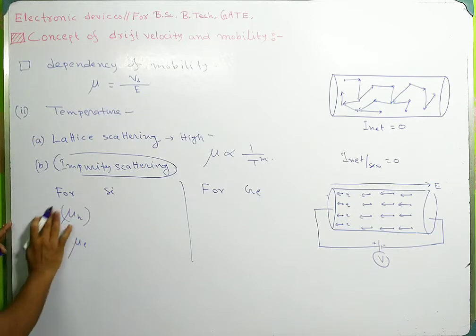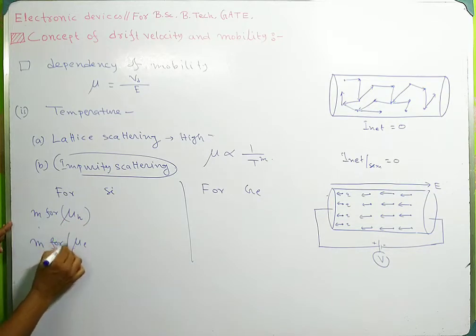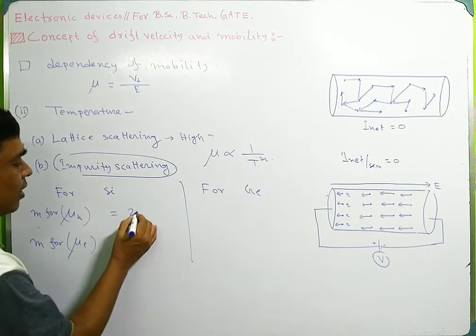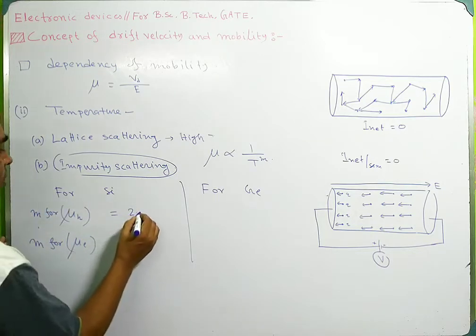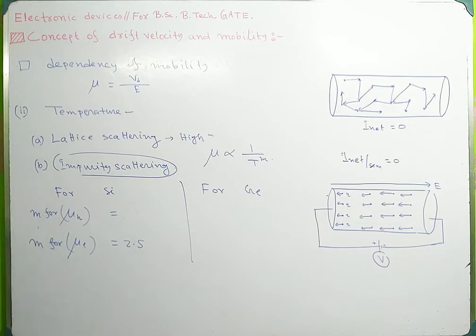So for silicon the m is 2.5 for electrons, and for holes it is 2.7.